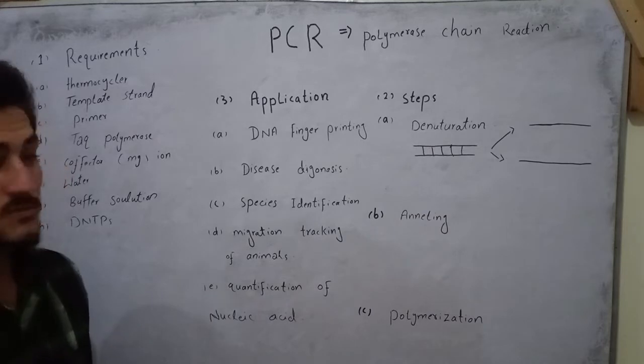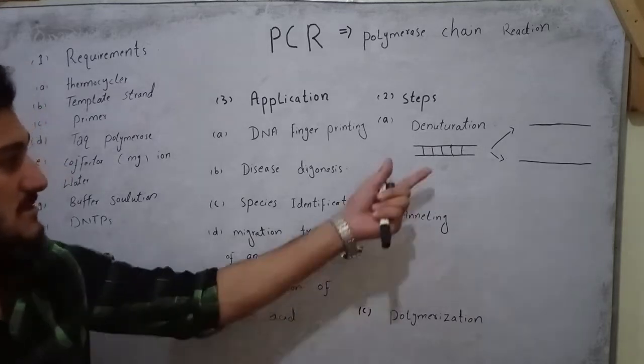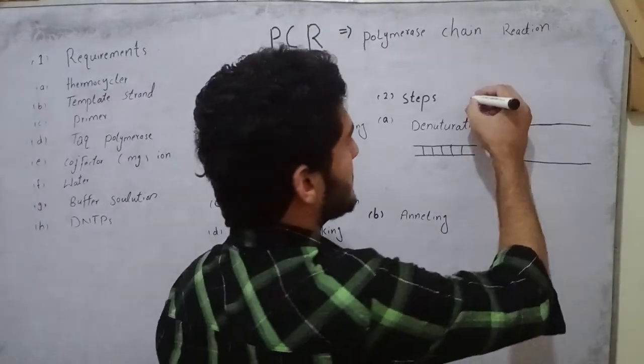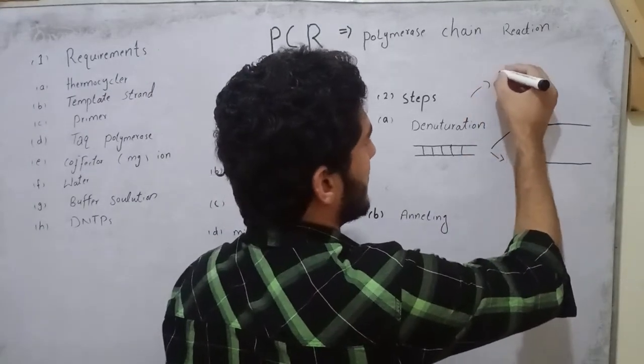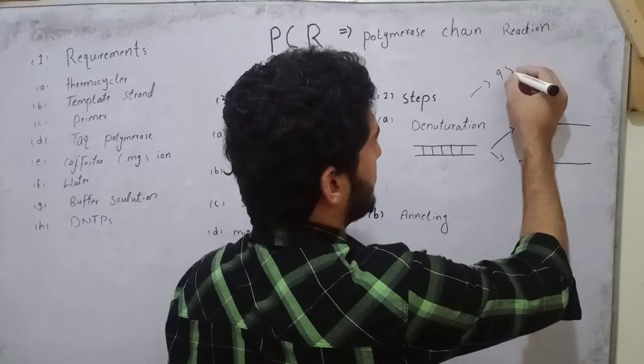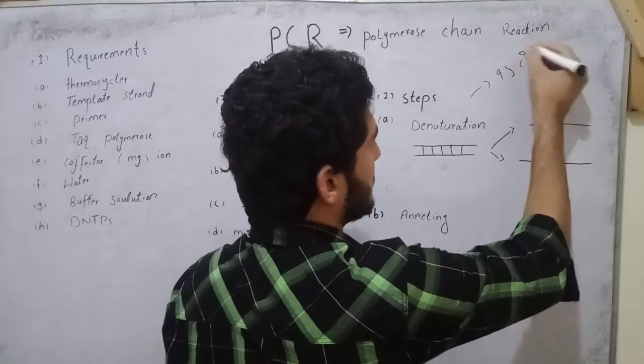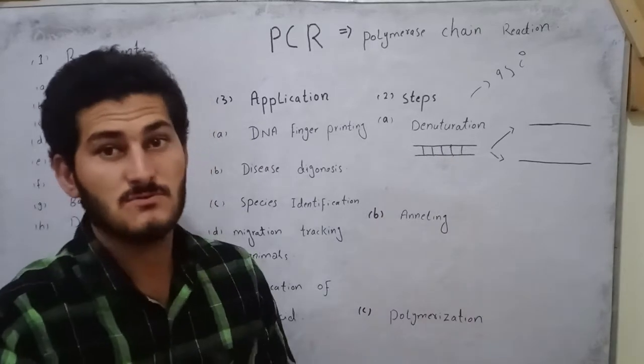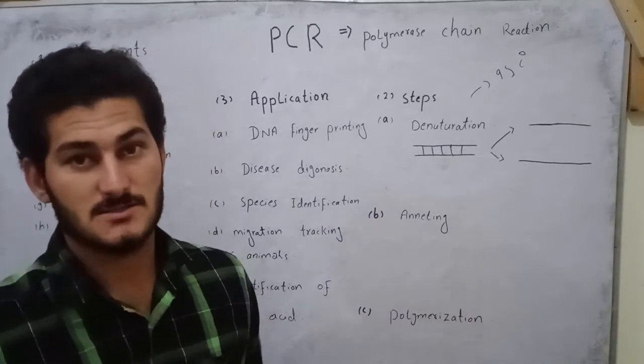So we apply temperature to this double-stranded DNA. The temperature is 95 degrees centigrade to denature this double-stranded molecule into two template strands.